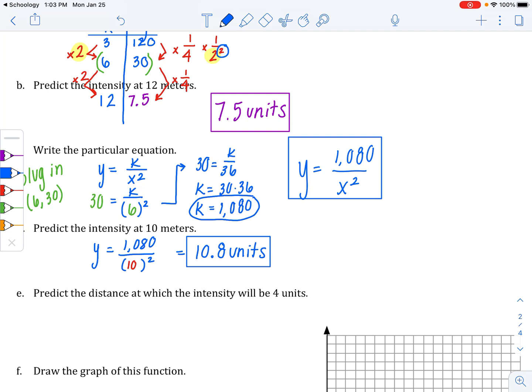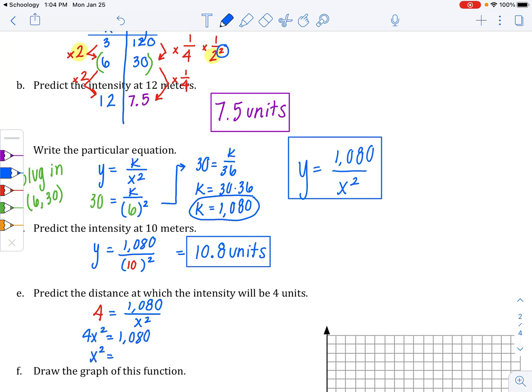Predict the distance at which the intensity will be 4. Again, using our particular equation this time, 4 is going to be the y value. That's the intensity. We're going to solve now for my x. Cross multiply, you'll get 4x squared equals 1,080.